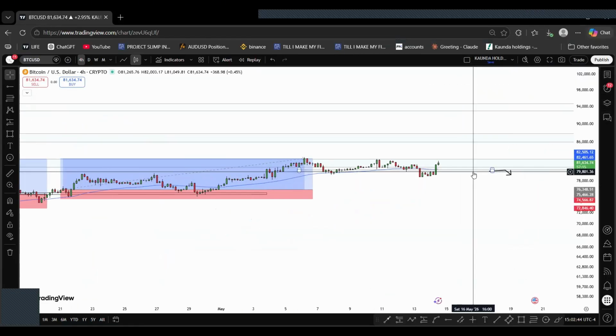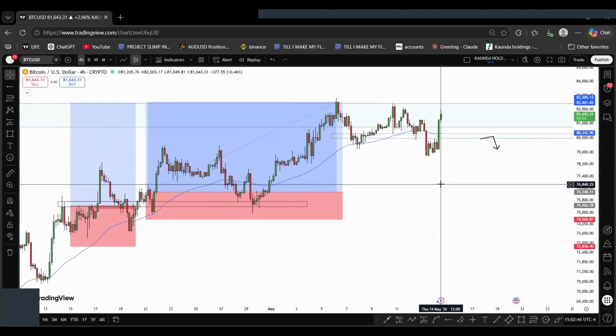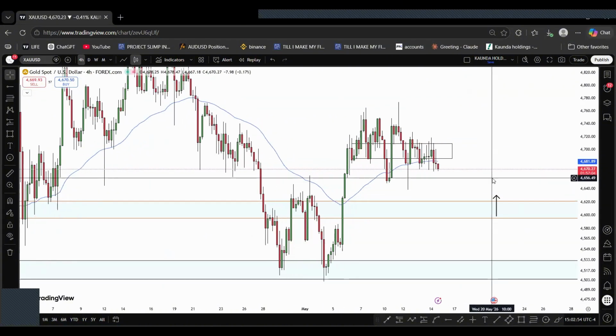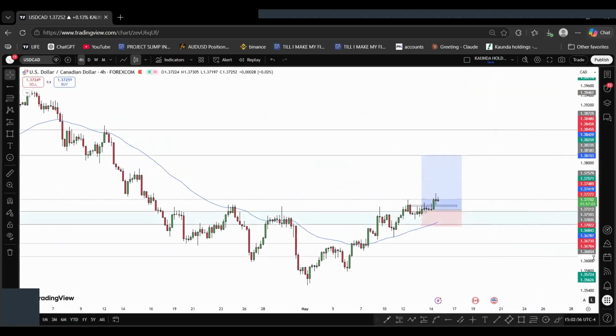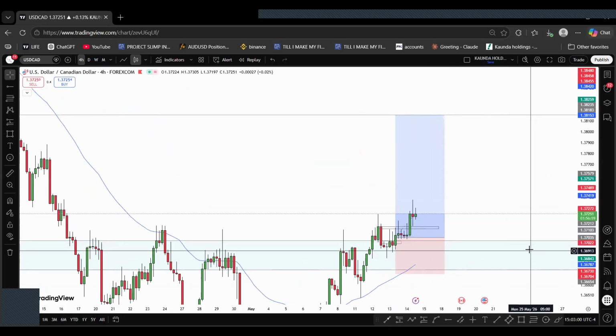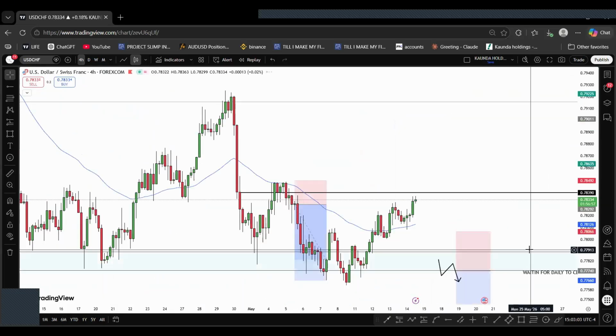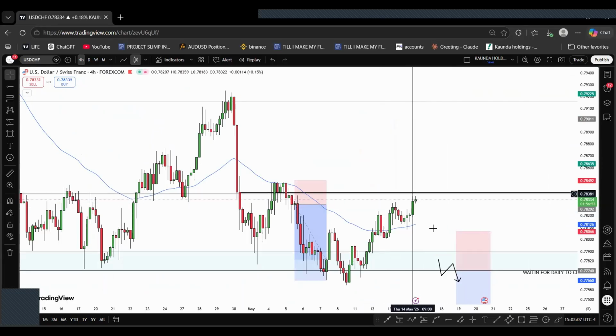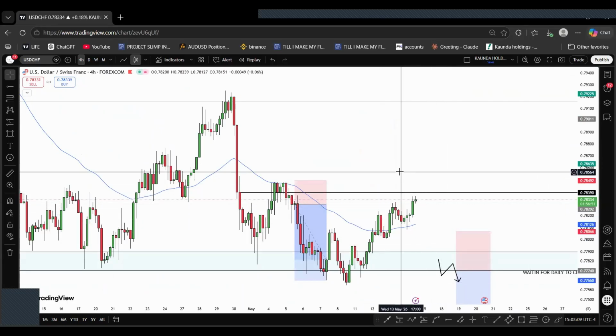Bitcoin price has pushed up. The USD price is now having a quick test. USD CAD price is still roaming around this level. USD CHF, the price is targeting that break.